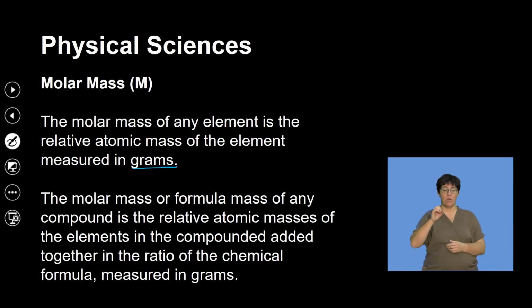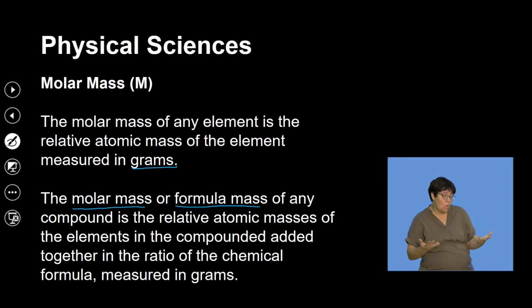The terms molar mass and formula mass can be used interchangeably to refer to one and the same thing. The molar mass of any compound is the relative atomic masses of the elements in the compound added together in the ratio of the chemical formula, measured in grams again.